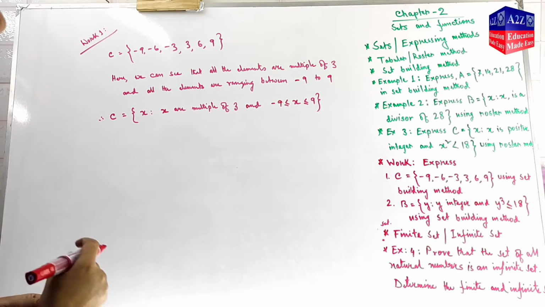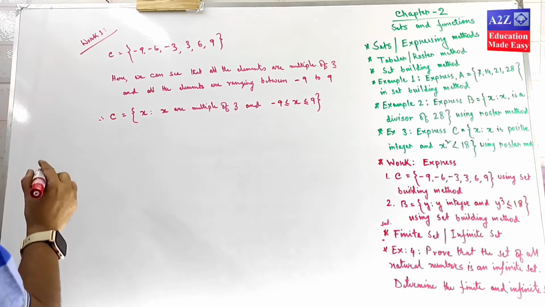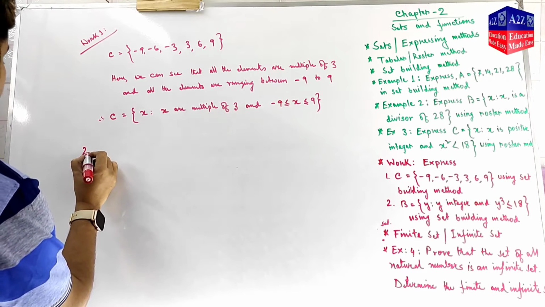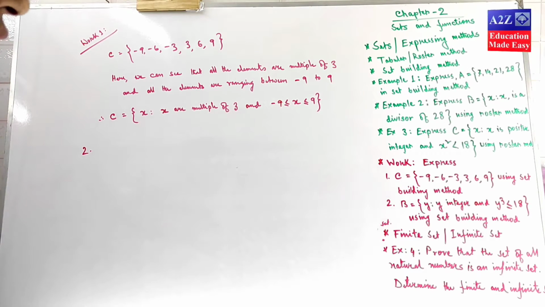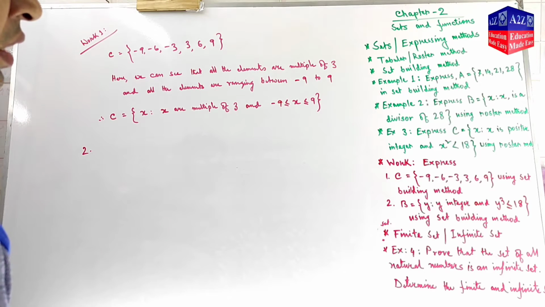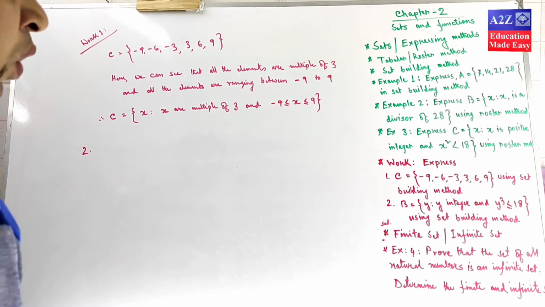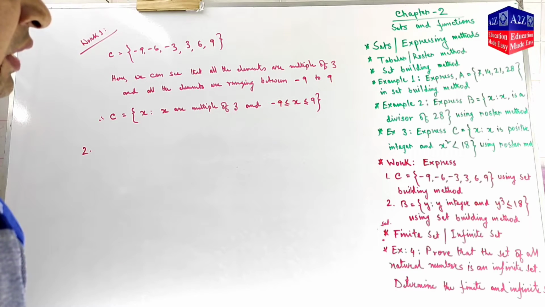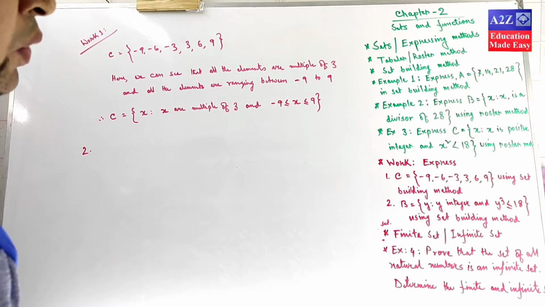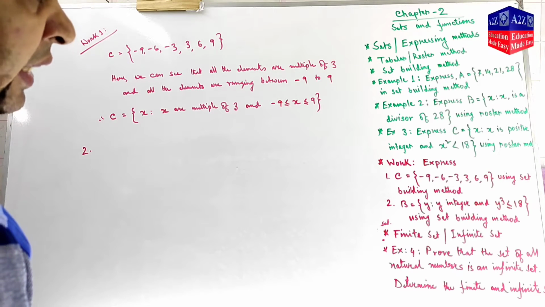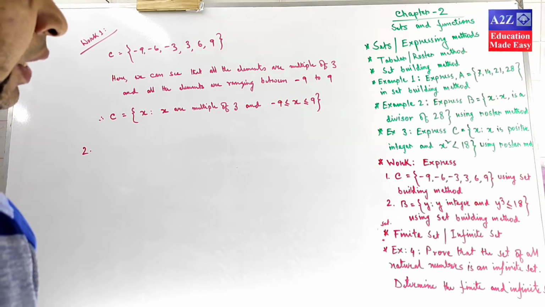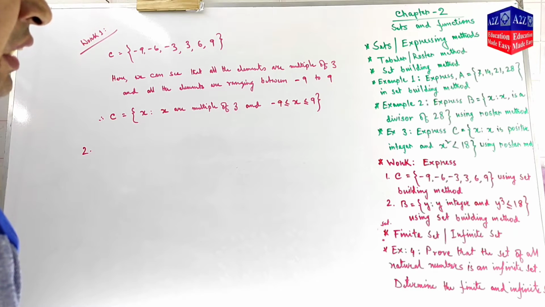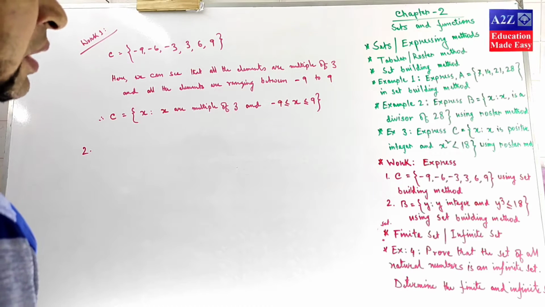Now I would like to move to the second problem, work number 2, where it is given that B is a set of elements Y such that Y is an integer and Y cube is less than or equal to 18. Now I have to express this set using the set building method.